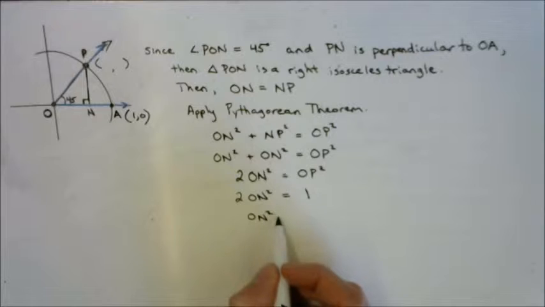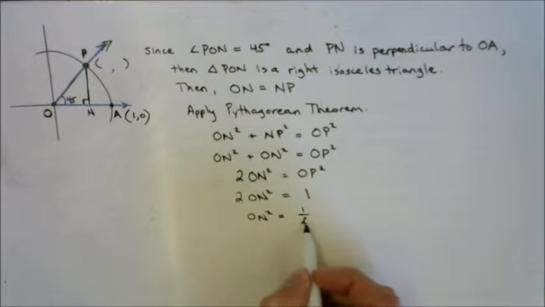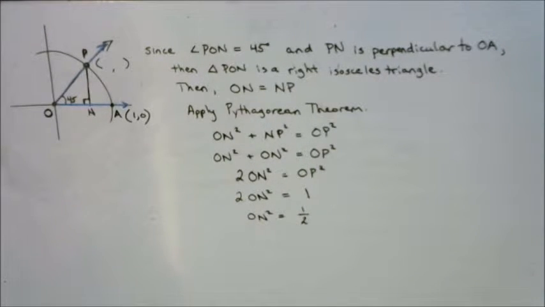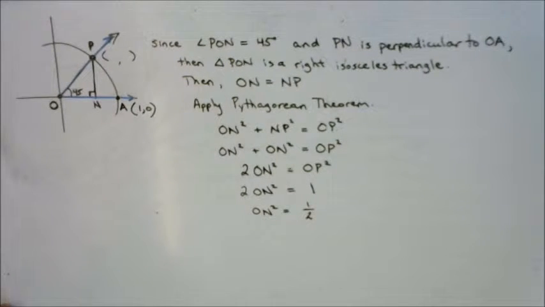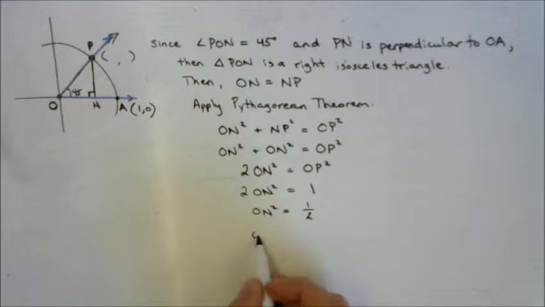That's going to give me ON squared equals 1/2. I don't want ON squared, I just want ON. What's my next step? The square root of both sides.